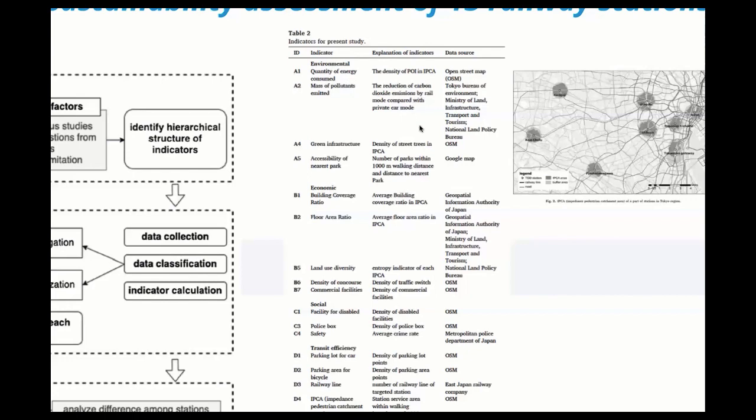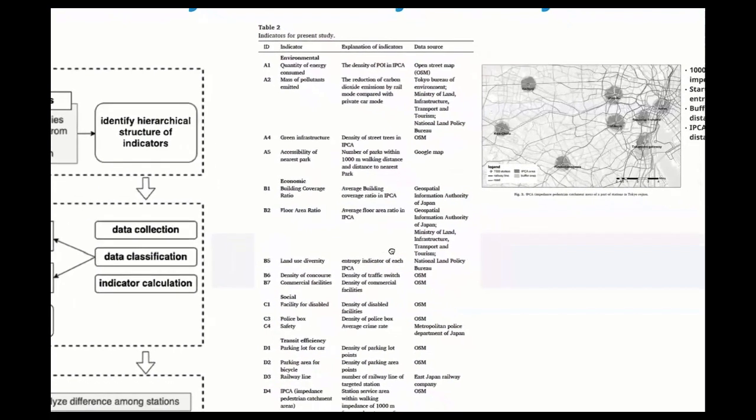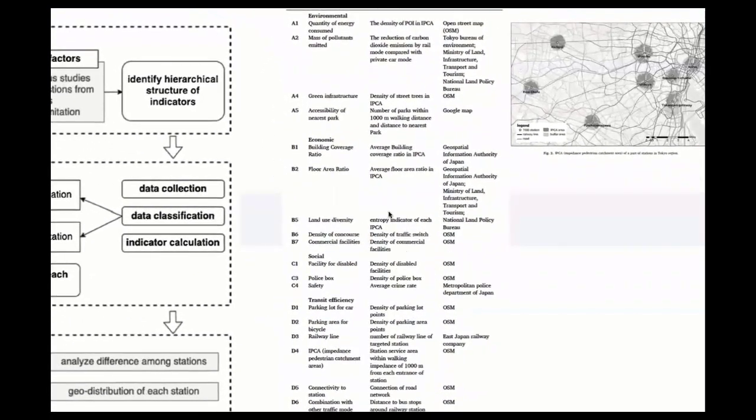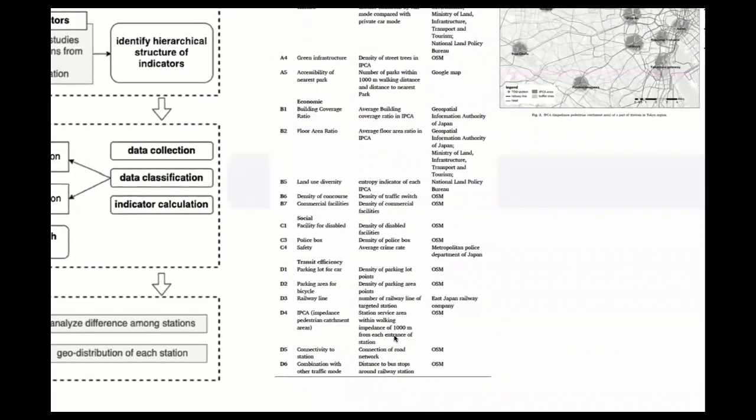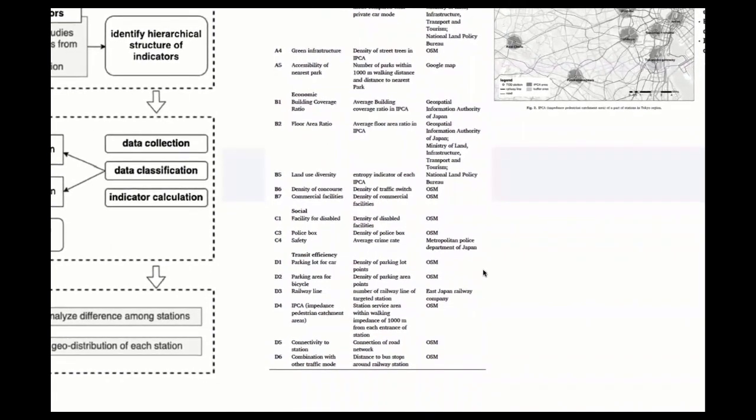They didn't really provide much detail on how this was computed. But for the other variables, I think it's pretty straightforward. They either use an equation to calculate some indices, and they also used density many times, kernel density, to calculate the distribution of different types of facilities. For example, parking lots would represent transit efficiency, and they also used some other facilities as well.